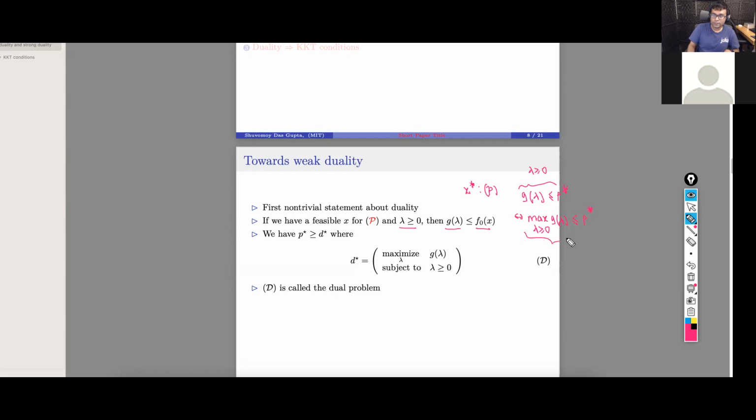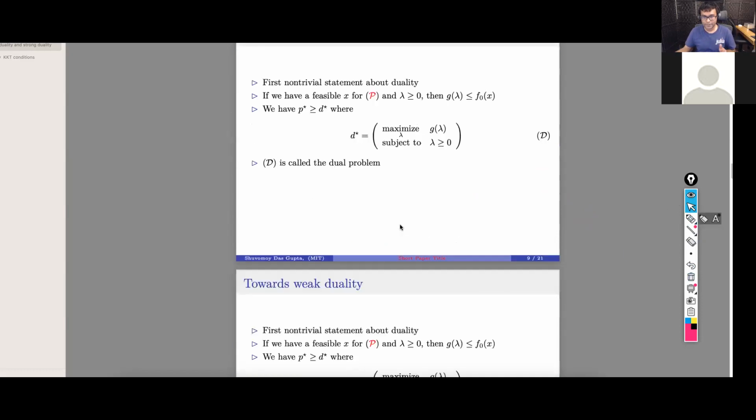If we call this thing d star, then d star would always be a lower bound for the optimal value of the primal problem. This is the weak duality, which holds irrespective of the convexity of the original primal problem. Also, another very nice thing is that the dual problem is always convex, because we are maximizing a concave function. Okay, so this was basically weak duality.